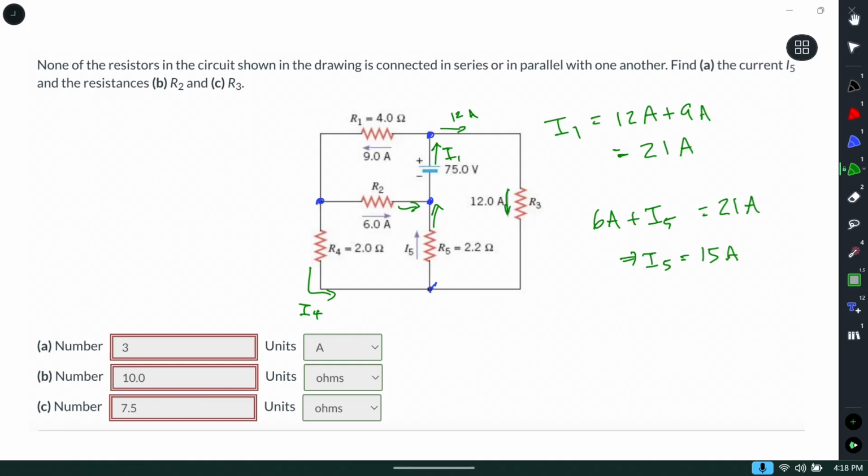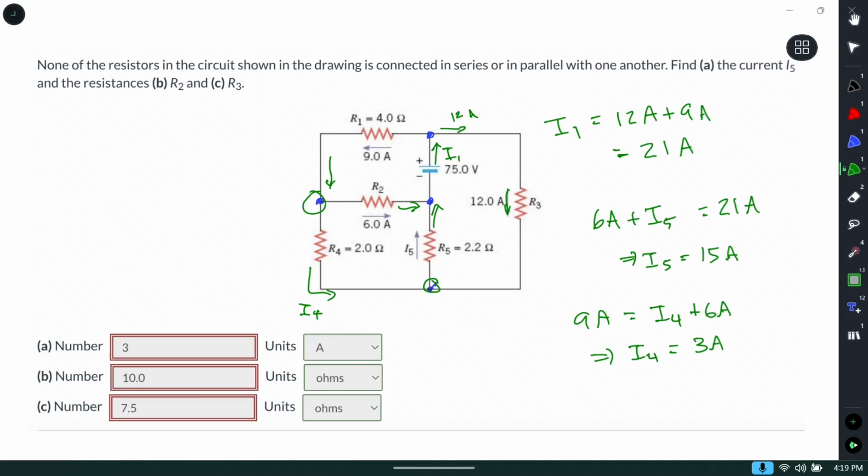I'm done with part A. But I can keep going. All right, 9 amps comes in, and I see 6 amps goes out to the right, and I4 goes out through the bottom. So my rule for that junction, talking about this one right here, is 9 in equals I4 plus 6 amps. So I4 is 3 amps.